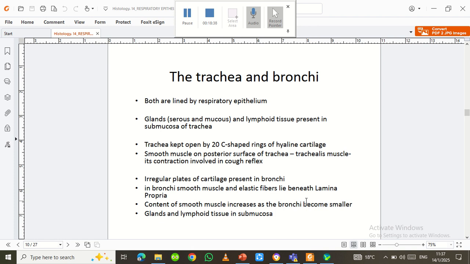And there's going to be aggregation of smooth muscle right around your bronchi. In the trachea, the smooth muscle is just in the posterior portion, which is the trachealis muscle. But in the bronchi, you now have the aggregation of smooth muscle surrounding your what? The bronchi. Right. So we have the epithelia, the lamina propria, the submucosa, and the adventitia.